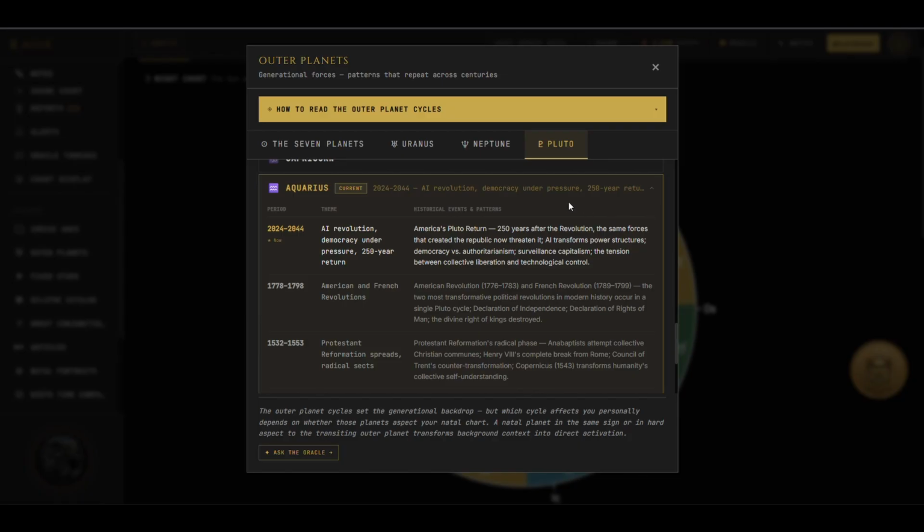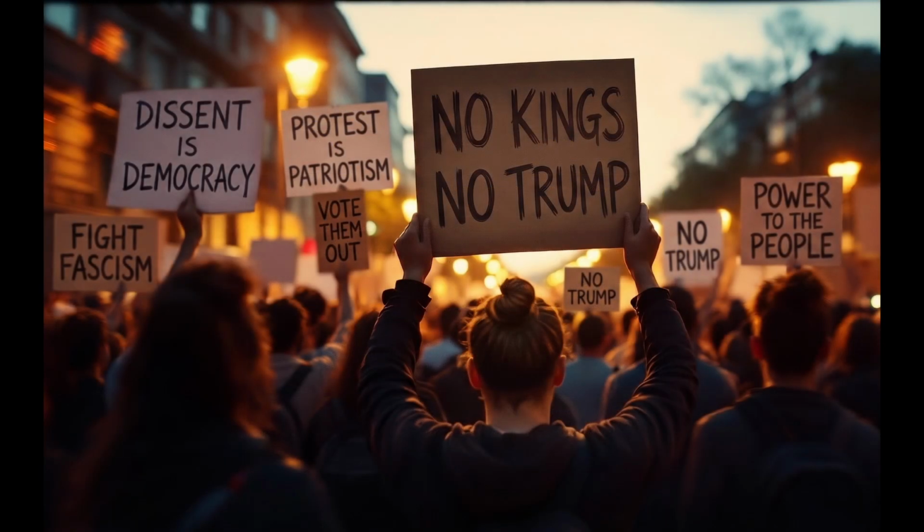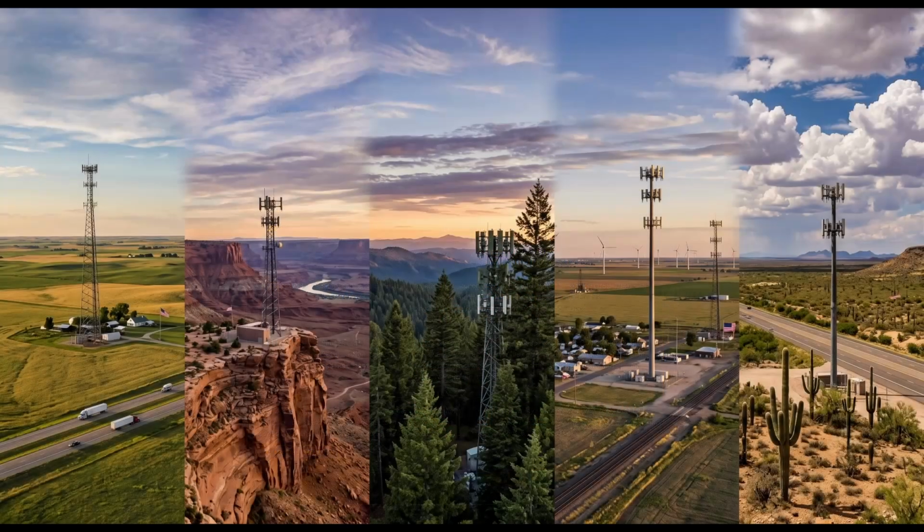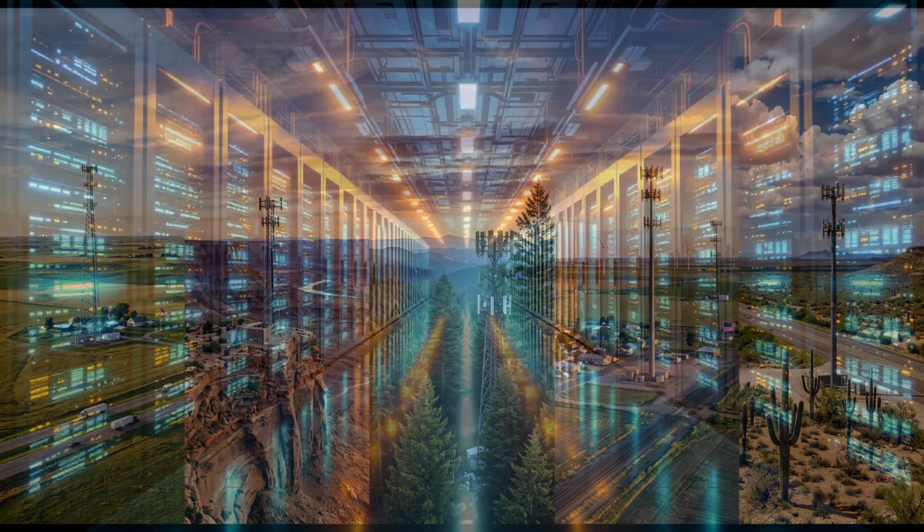The themes of the founding revolution, self-governance, the balance between collective power and individual liberty, are being fundamentally revisited and contested. And the technology that defines this era expresses pure Aquarian themes.